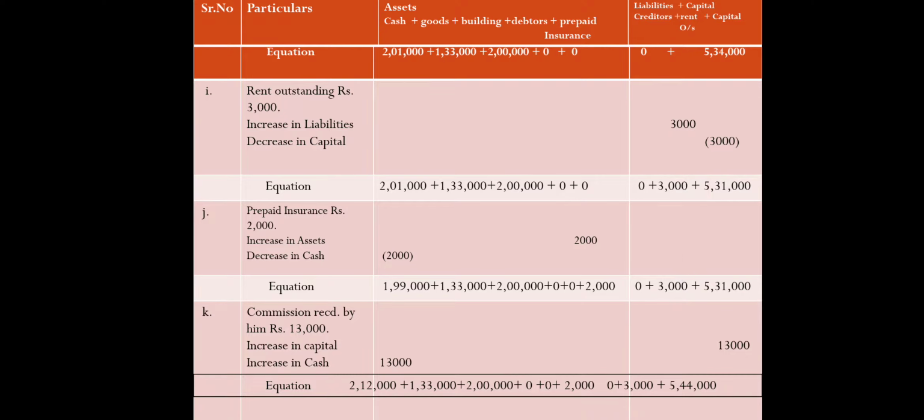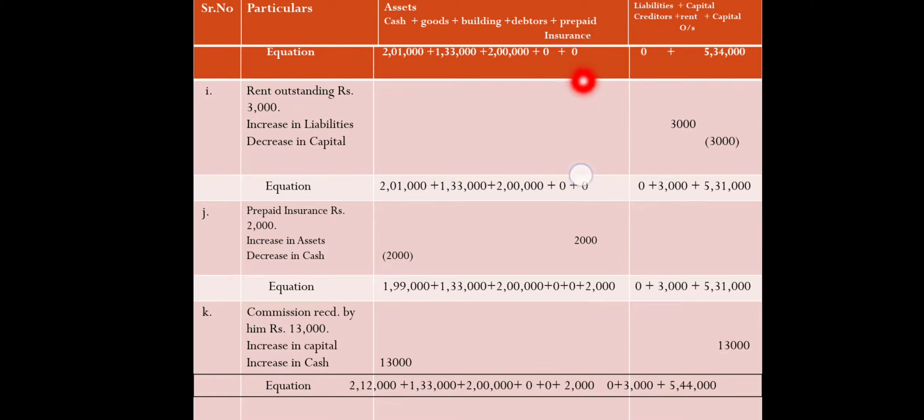Next comes prepaid insurance. Now prepaid insurance means you have paid in advance. So logically when you are paying some expenses in advance, that means it is an asset for you, because you are paying in advance and in the future you don't have to pay them back, right? So prepaid insurance is an asset.